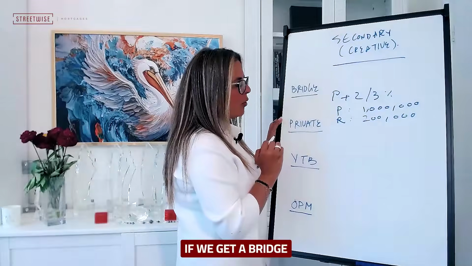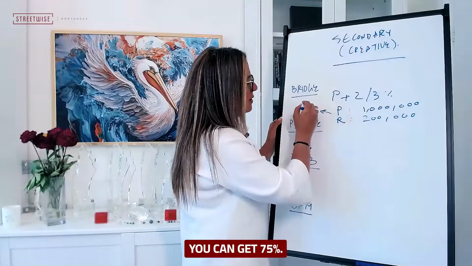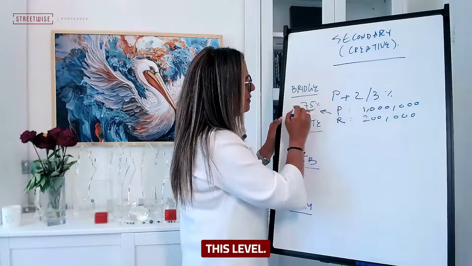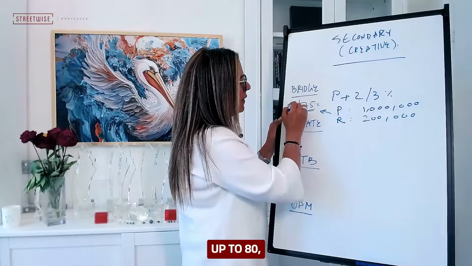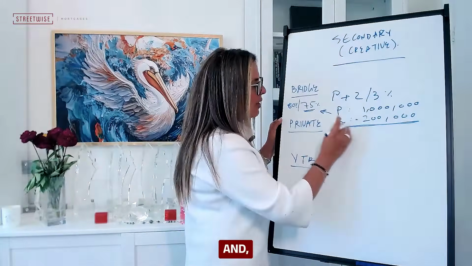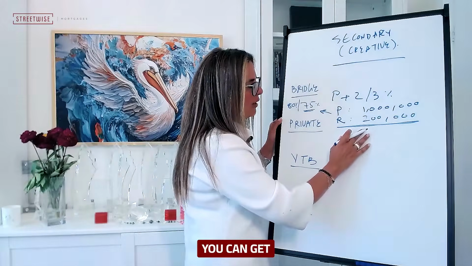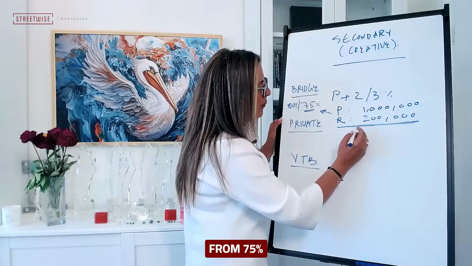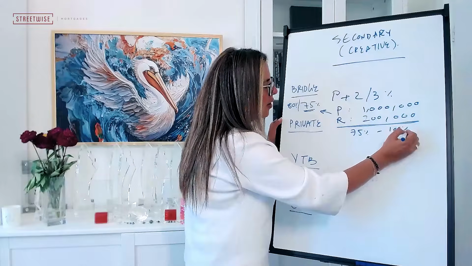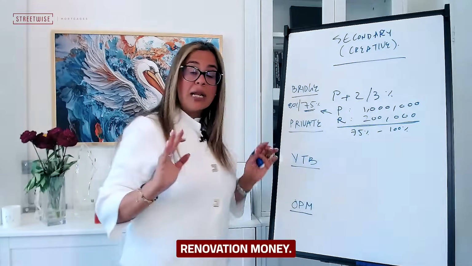If we get a bridge loan, you can get 75% potentially to acquire this building. Sometimes it can go up to 80%, and you can get money to renovate it. And the percentage of money you can get to renovate can range from 75% to 100% of this renovation money.